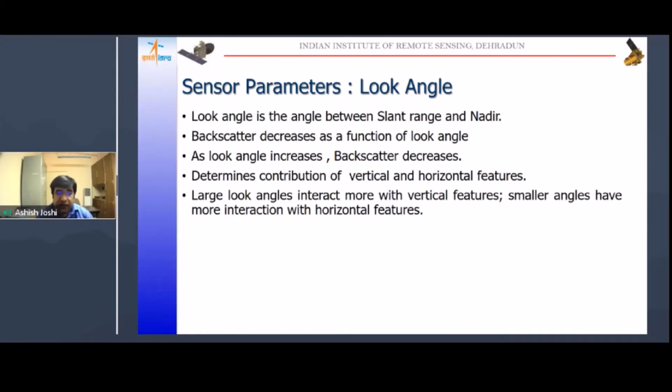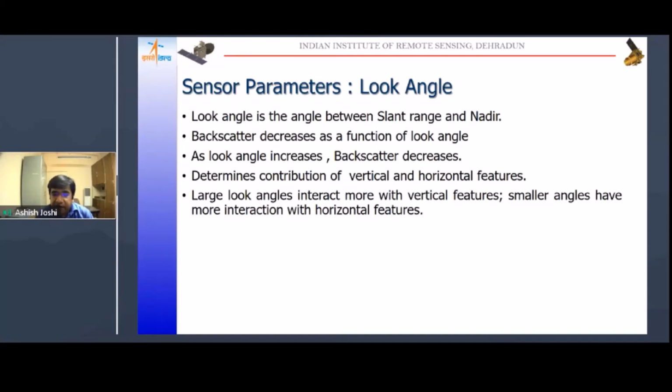For a large look angle, the signal interacts more with the vertical features, and smaller angles interact with the horizontal features. So depending upon our application, we will choose our look angle. If in soil analysis or crop monitoring we have to monitor vertical features, meaning if we want to see a crop like sugarcane, then we will use a higher look angle.